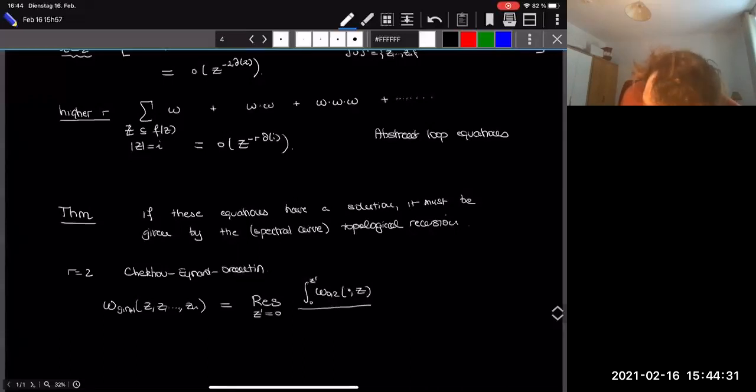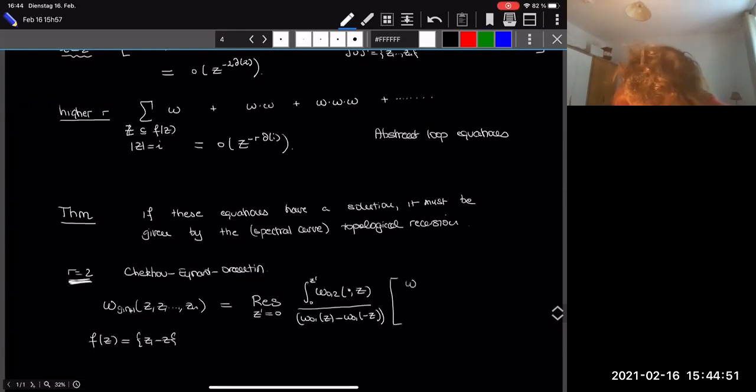Here you divide by omega 0 1 of z minus omega 0 1 of minus z. So minus z is exactly the other point in the fiber of f of z, the fiber of z in that case.